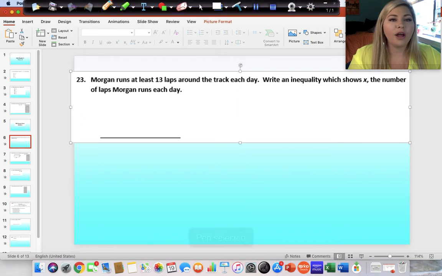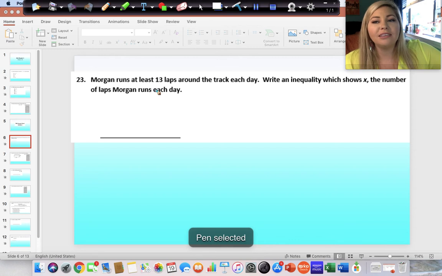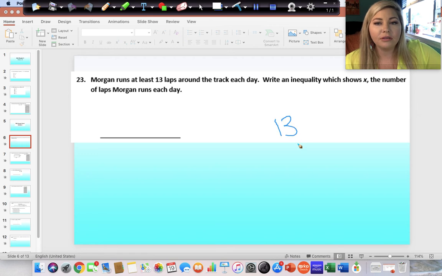Okay, Morgan runs at least 13 laps around the track each day. That's a lot. Write an inequality which shows x, the number of laps Morgan runs each day. So she runs at least 13 laps. Sorry, I was not reading that correctly.